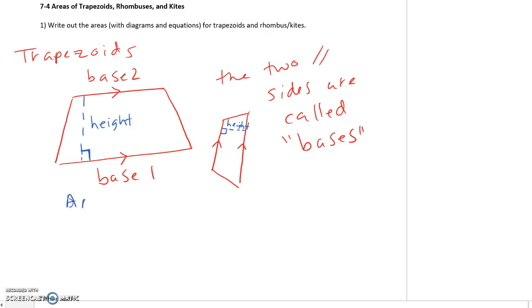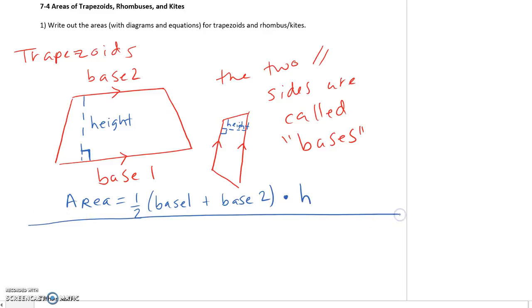So the area of a trapezoid, and there's lots of different ways to do it, is the average of the two bases, which is base 1 plus base 2 divided by 2, that's what that 1/2 is, times the height. I'll do an example later, but there's your trapezoids.